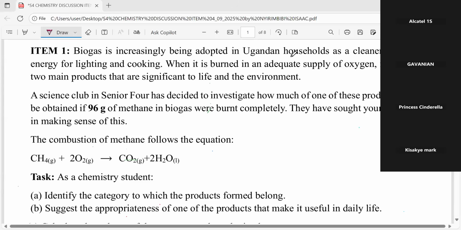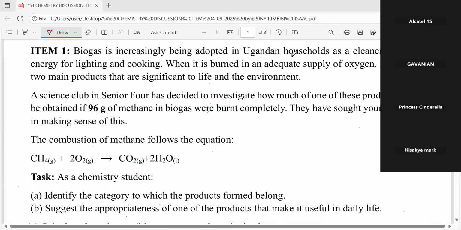Item 1 is like this. Biogas is increasingly being adopted in Ugandan households as a cleaner source of energy for lighting and cooking. When it is burned in an adequate supply of oxygen, it produces two main products that are significant to life and the environment.